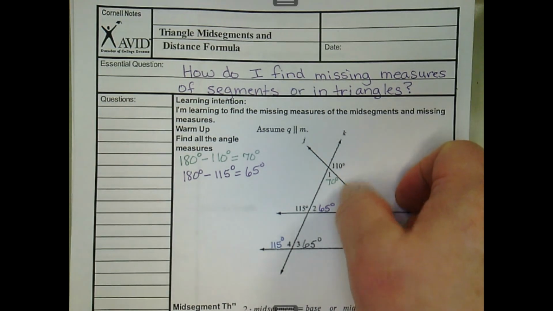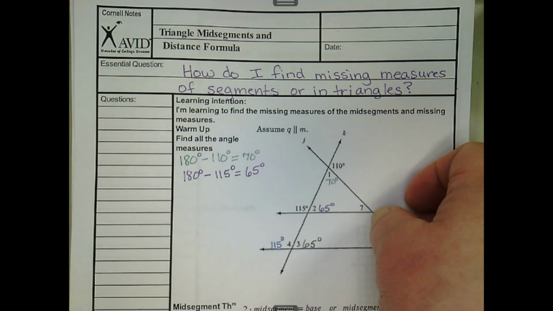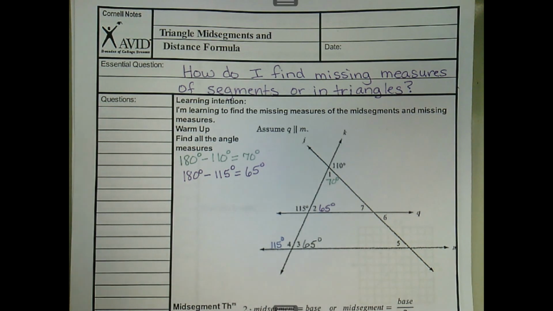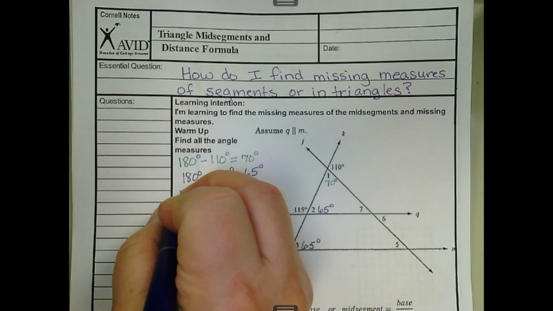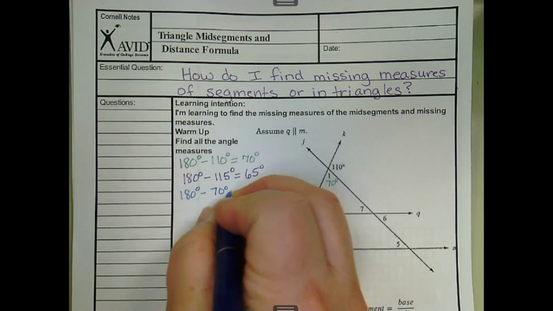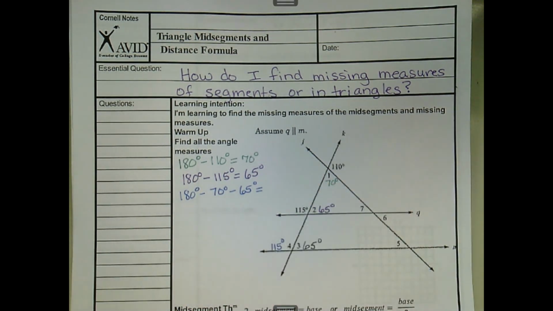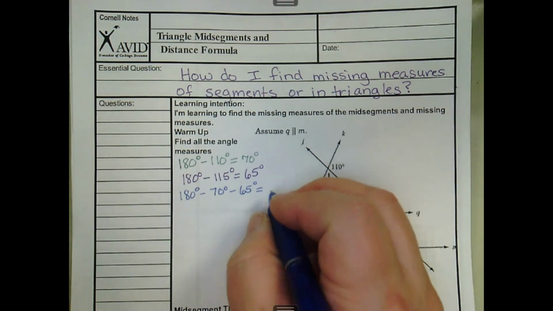If this one's 70 and this one's 65, what remains for the last angle? So 180 minus 70 minus 65, and I get 45 degrees.